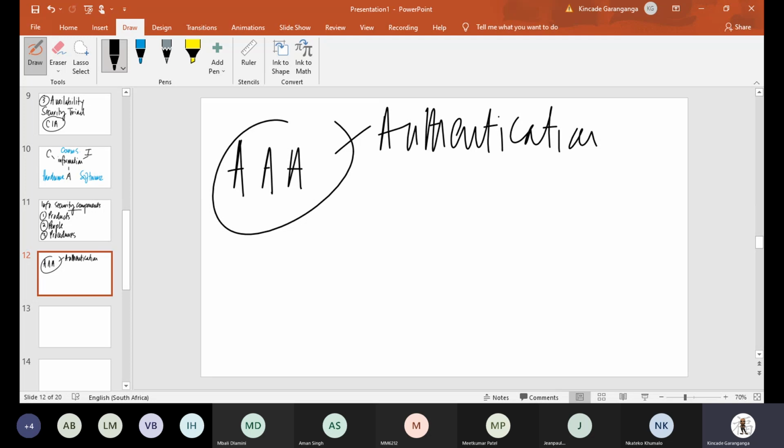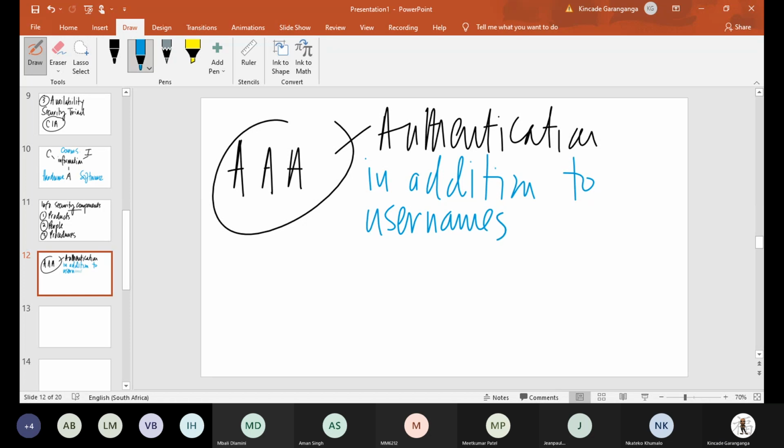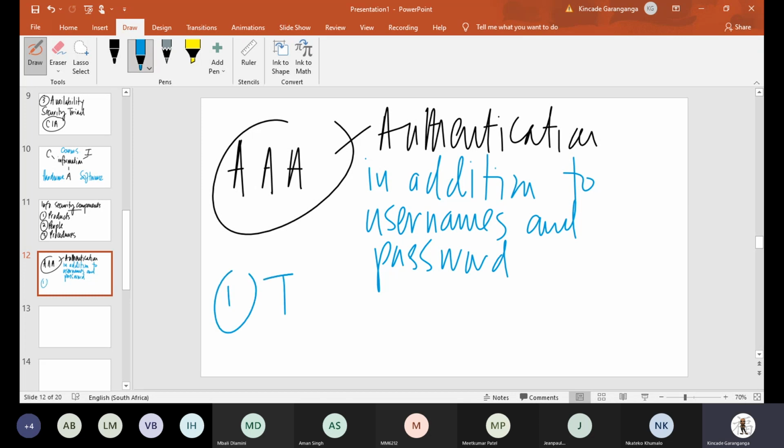So here we can just mention, in addition to your usernames and passwords, you can discuss two-factor authentication.